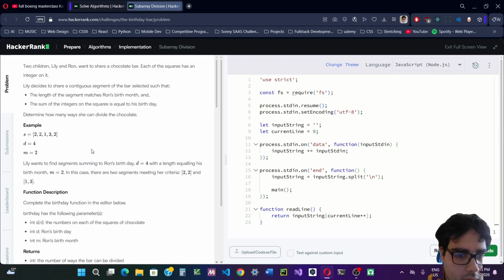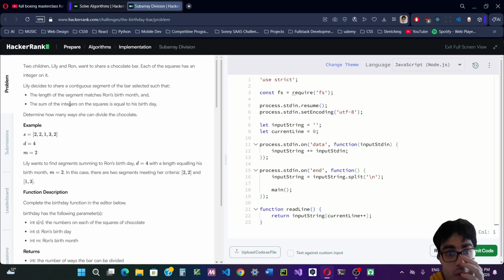Determine how many ways she can divide the chocolate.